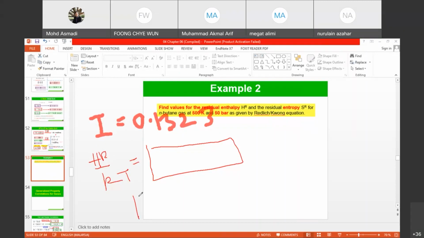And then you have to calculate HR, so you have to move it here, bring it to the right side. Okay, give me HR.